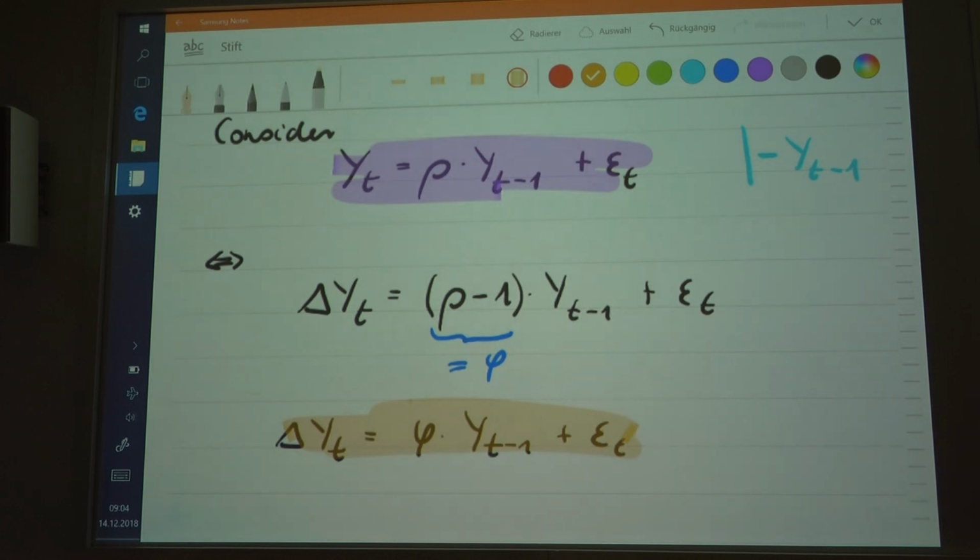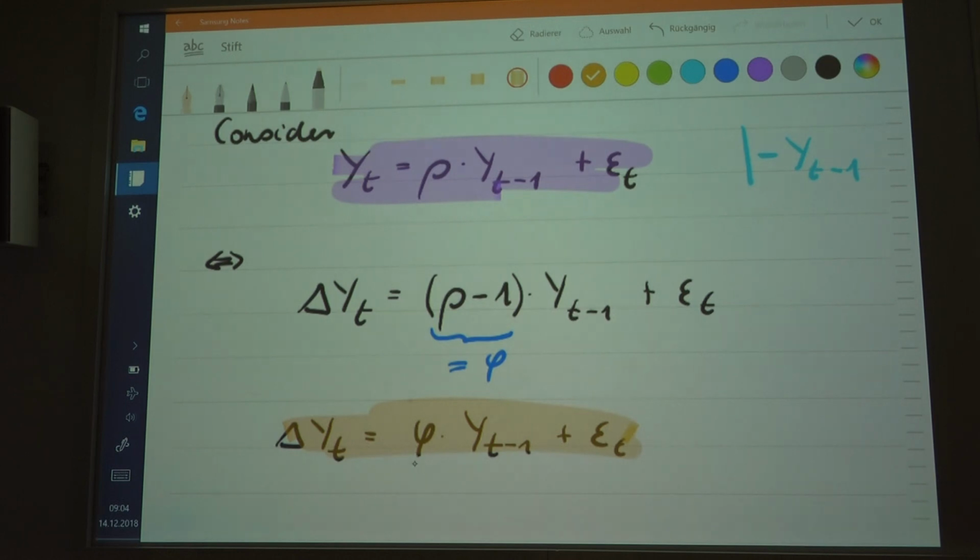If you perform a regression analysis where yt is the dependent variable and yt minus 1 is the explanatory variable, and you estimate the coefficient rho, then you get an equivalent regression if the dependent variable is the difference of the process and the explanatory variable is yt minus 1.